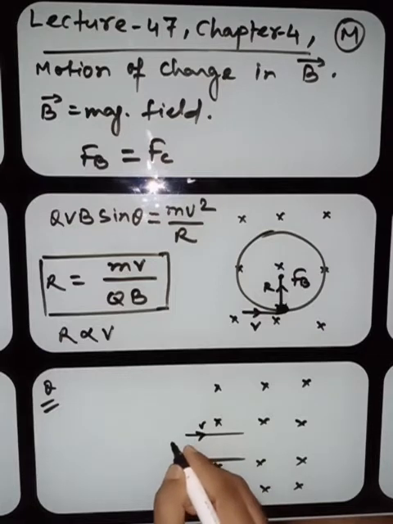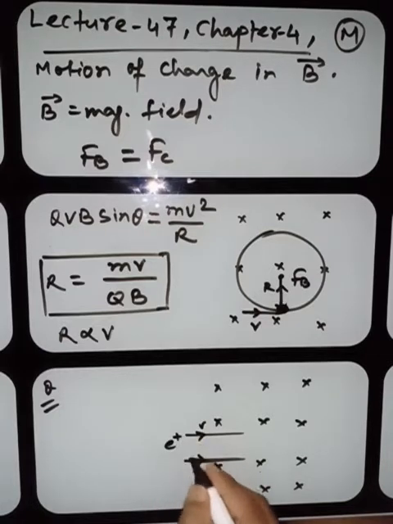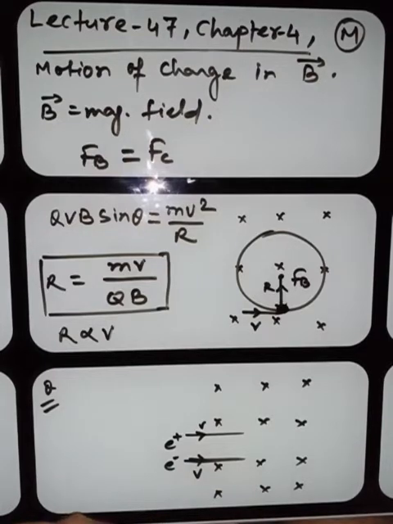This is the proton and this is the electron. And you have been asked to trace the path of these two charged particles.